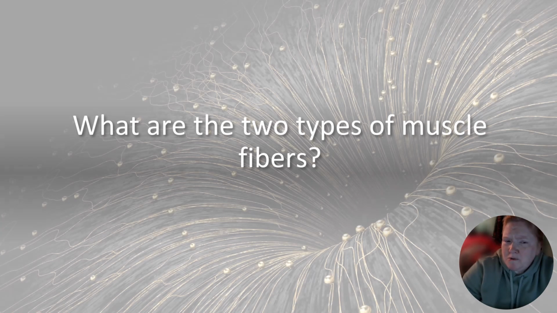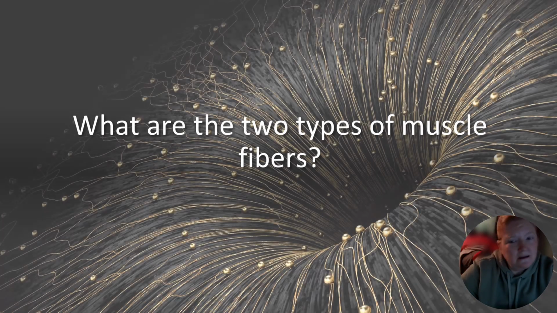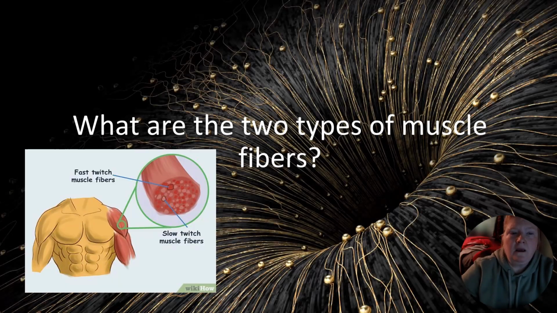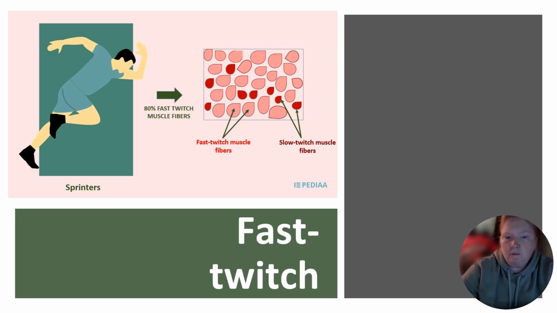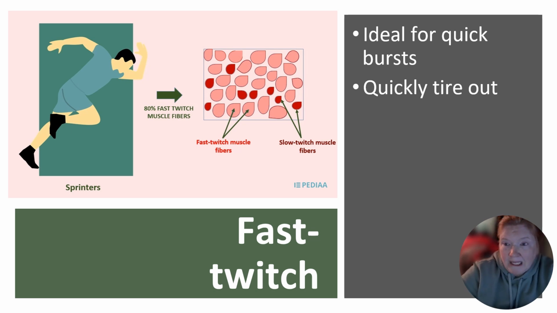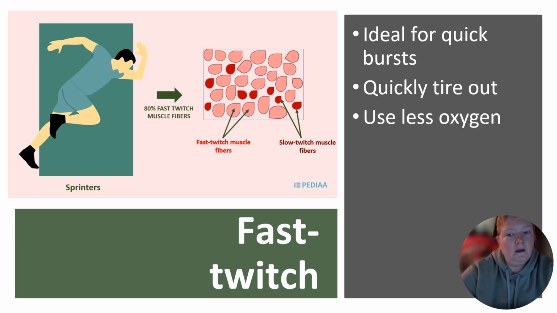Now, what are the two types of muscle fibers? Let's talk about them. We have fast twitch and we have slow twitch. What does that mean? Well, fast twitch are ideal for quick bursts. Why? Because they quickly tire out. They use less oxygen.